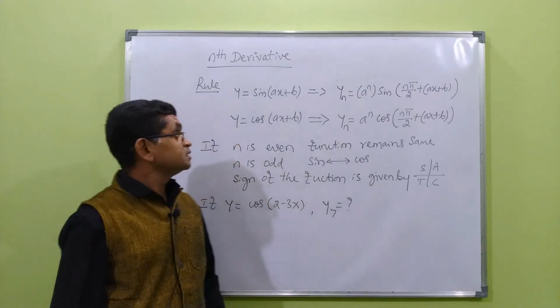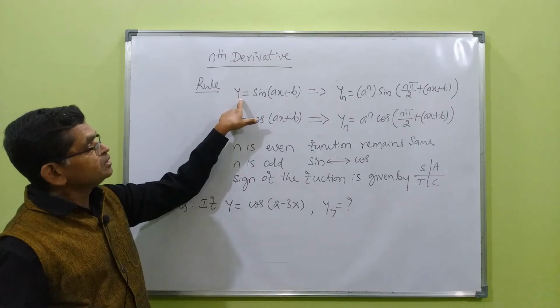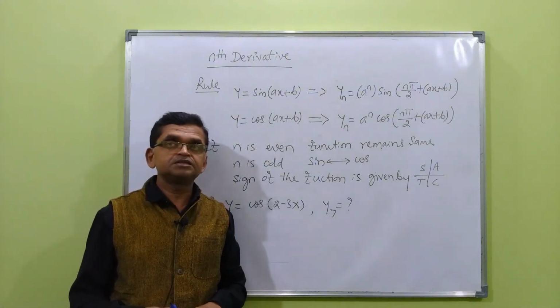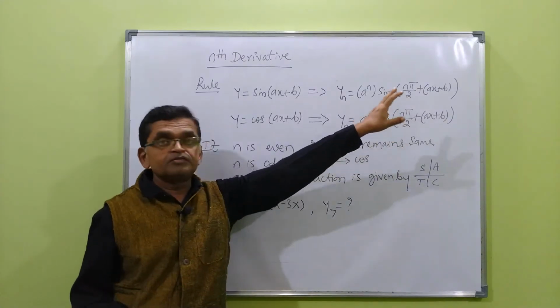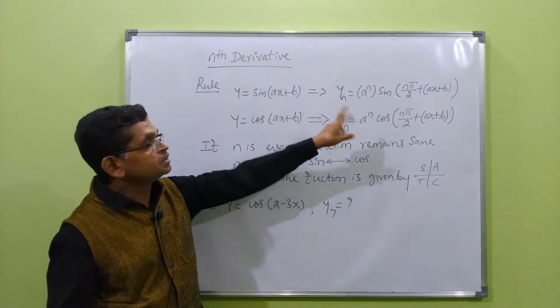Derivative. The rule is, if y is equal to sine of ax plus b, then yn is equal to a to the power n sine of nπ by 2 plus ax plus b.